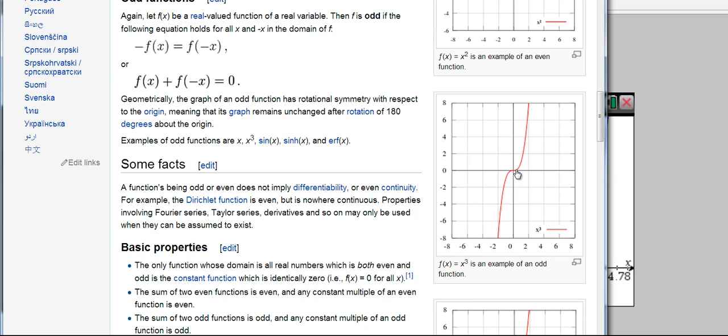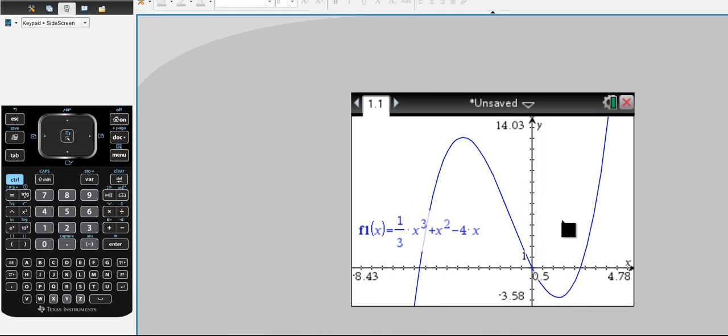So if we take the function and rotate it with respect to the origin by 180 degrees, and you see the function is going to be down here, then it's symmetric in that sense. Then it's an odd function. And let's have a look at our function. If we take this function here and rotate it, only this part, it starts here and continues here.